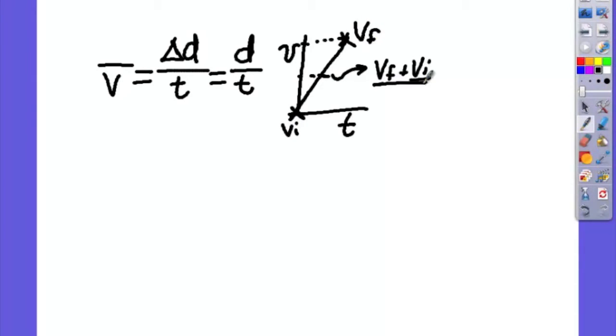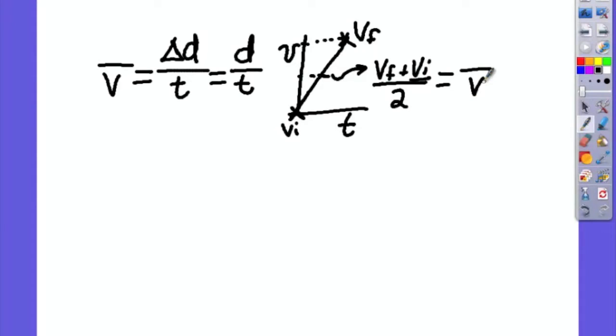And so we have v final plus v initial divided by 2, because we're adding them up and dividing by 2. It's the midpoint of those two endpoints, right? So if we add them up and divide by 2, we're going to find the midpoint. This is going to be the average velocity.